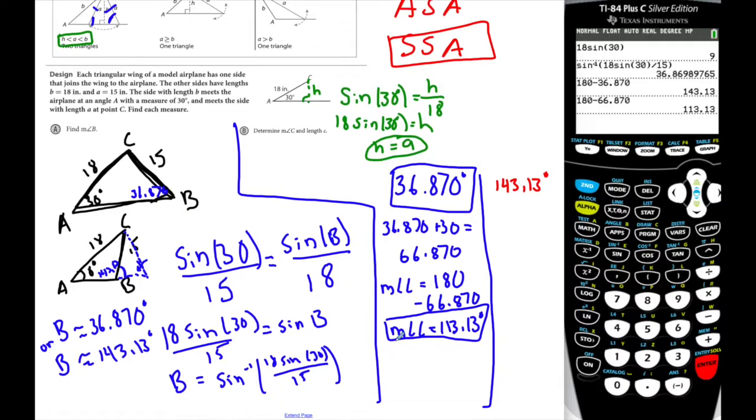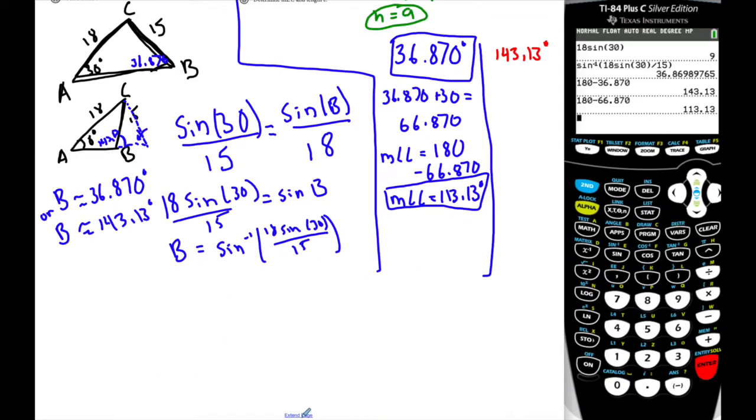Now I need to get the final side. This is a time where we're going to have to use our guesstimate, because we have to have sine C when we actually solve the last part. So now I know that sine of 113.13 over little c equals, well, I'm not going to do sine of B because we guesstimated B. So I'm going to do sine of 30 over 15.